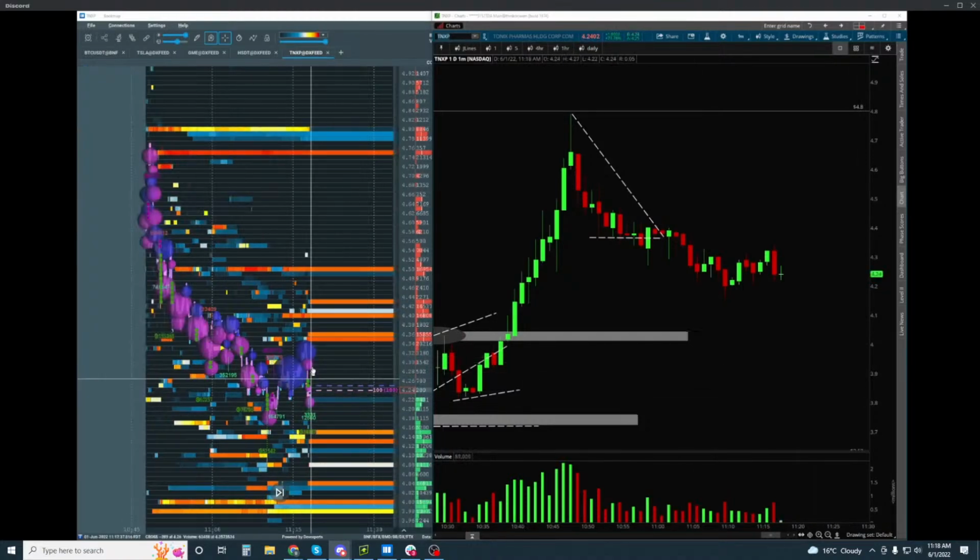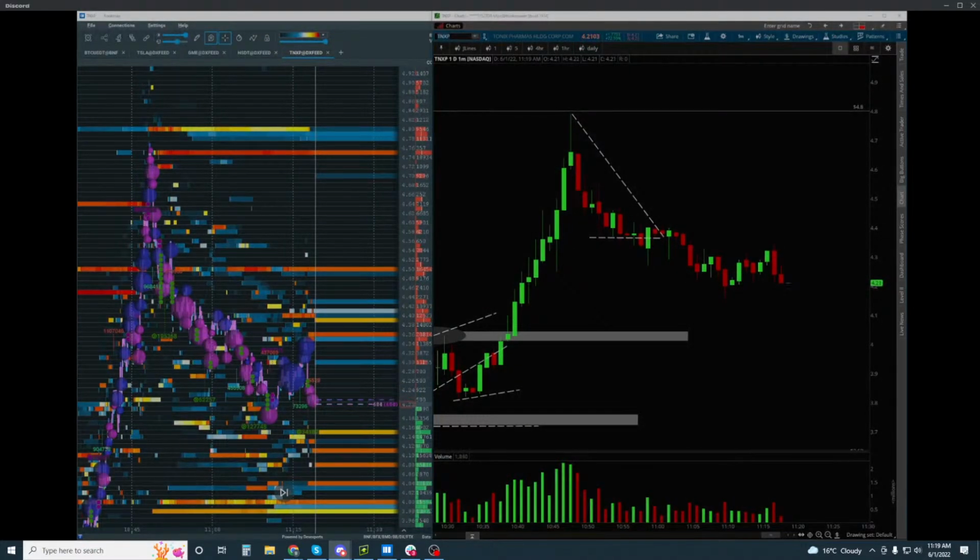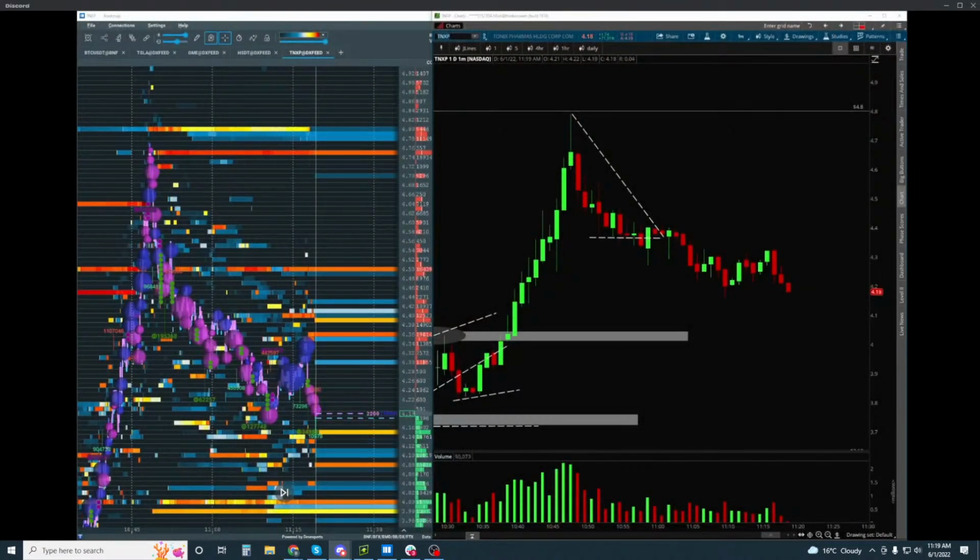Looking for 4 over here in TNXP, right? And when I see them stalling, this high liquidity around 436. Breakdown and coming off this level at 415.